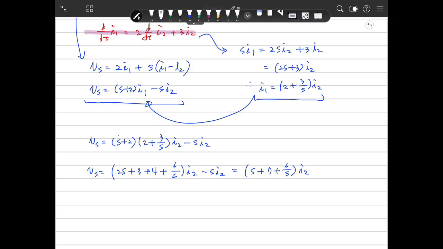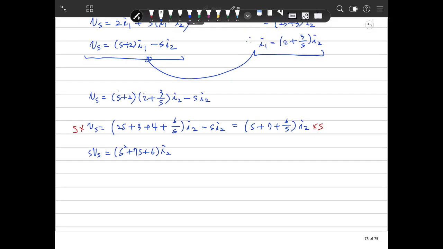Then what should we do? To get the general form of a second-order differential equation, we multiply by S here. Then S Vs will be (S squared plus 7S plus 6) I2. Then what should we do here?